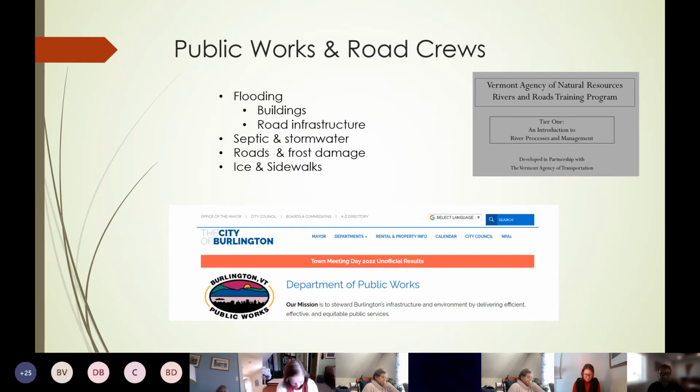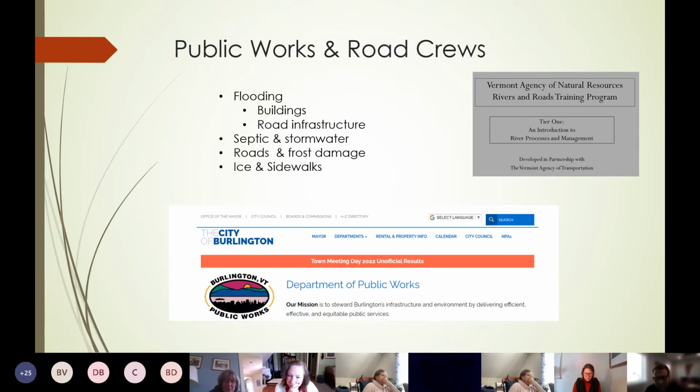I live in Burlington. Our public works department is very much at the forefront of the discussion. And you can see here their mission is to steward Burlington's infrastructure and environment by delivering efficient, effective, and equitable public service. And they've been really great about increasing bike lanes in the city and helping to make it more pedestrian friendly.